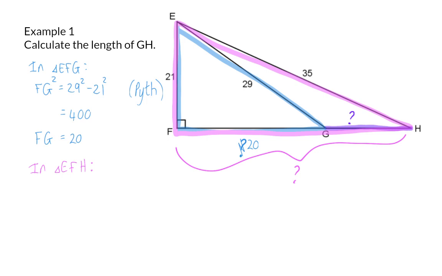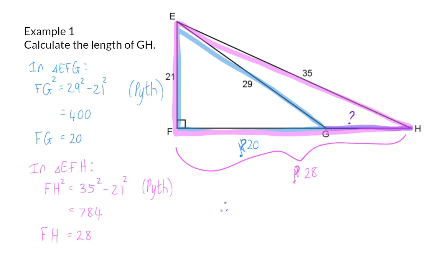And once again, we want to calculate one of the shorter sides, in this case, FH. So, taking the hypotenuse of this triangle and squaring that, we're going to subtract the shorter side squared. This will give us a value of 784, and the square root of this will give us FH as 28.